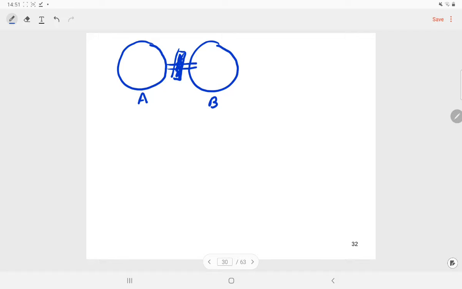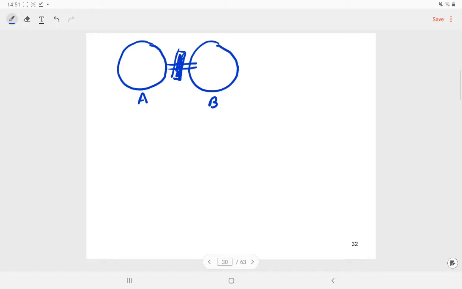Let's look at another example. I have this round vessel which is connected with another round vessel, vessel A and vessel B. Between these two vessels there are valves. This valve is used to turn on or turn off the pathway between A and B. If I turn on the valve, that means I am allowing the gases in A and B to mix together.